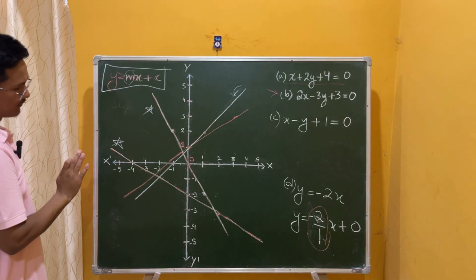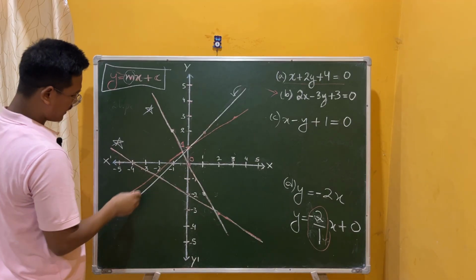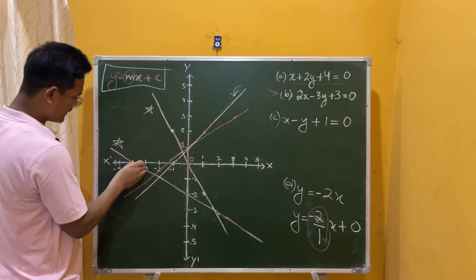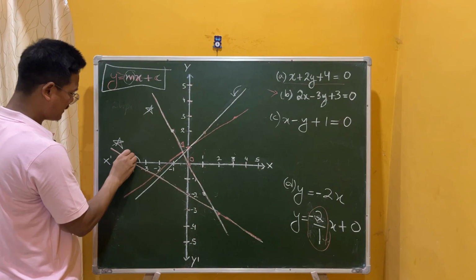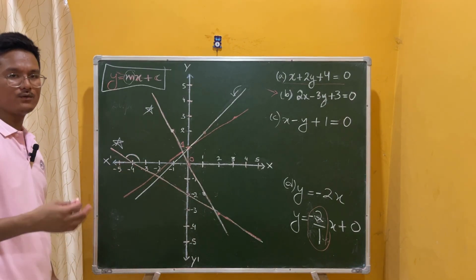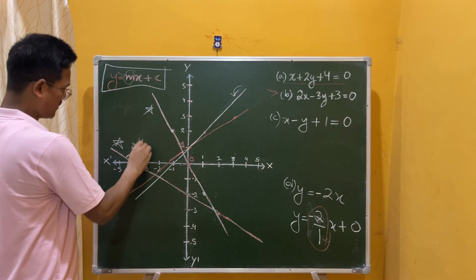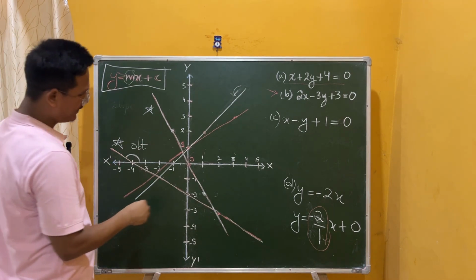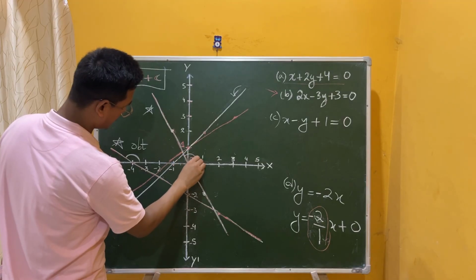If the slope is negative, the angle between the x-axis and the line is going to be an obtuse angle, more than 90 degrees. Similarly, this is also an obtuse angle.